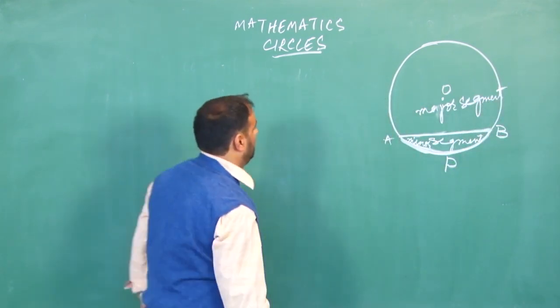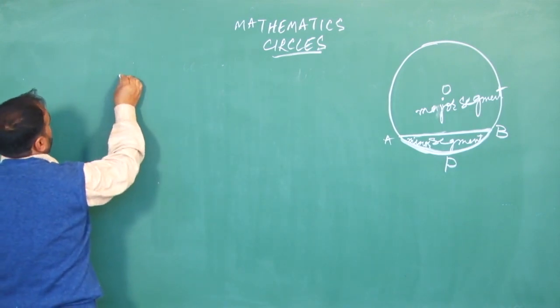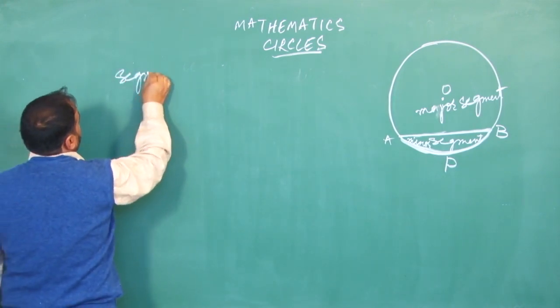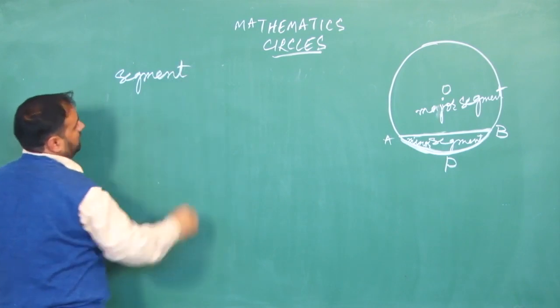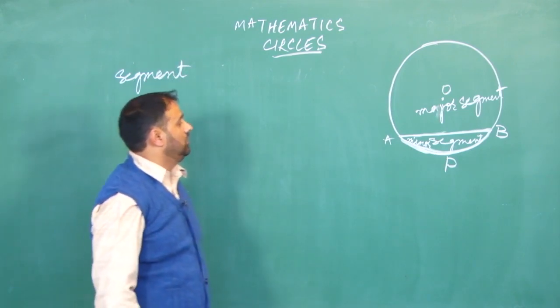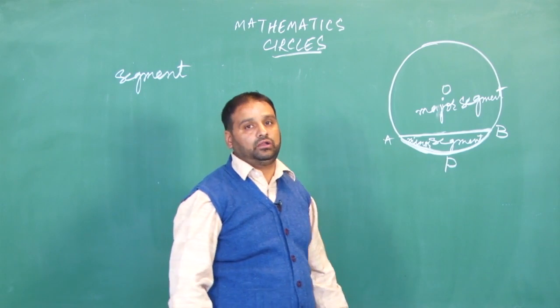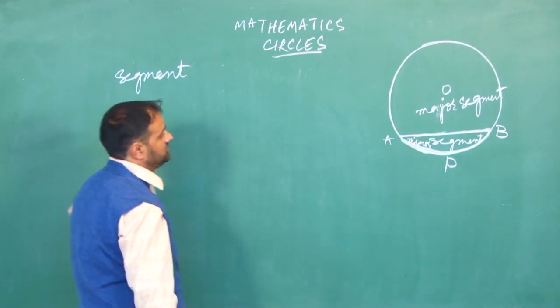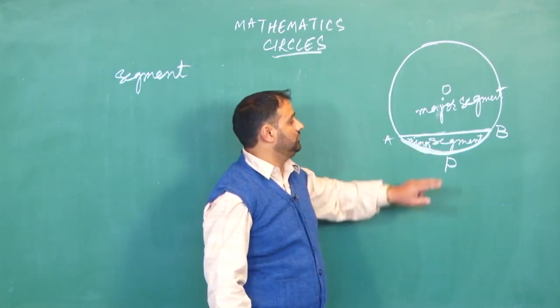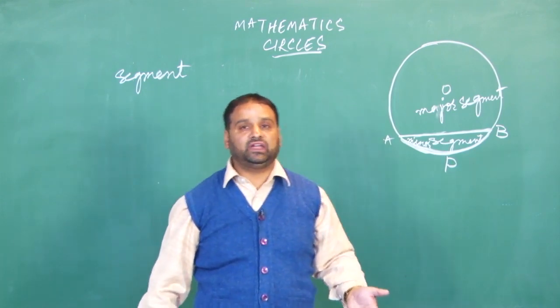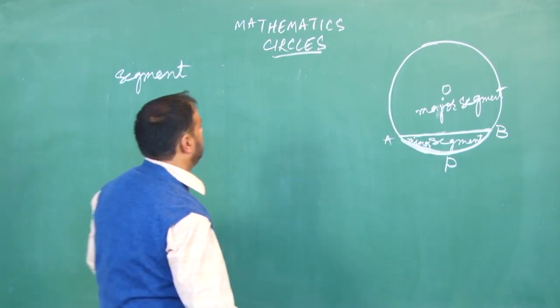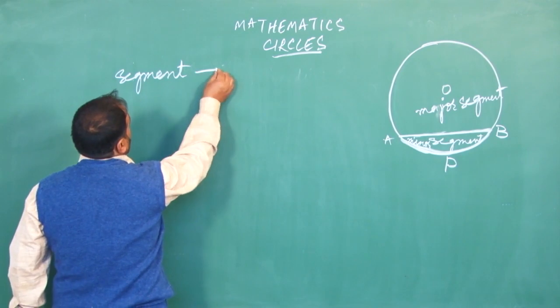Another thing we need to know is what is a segment. A segment is an area between the chord and its corresponding arc. We have two segments, one having smaller area known as minor segment and another having major area known as major segment.